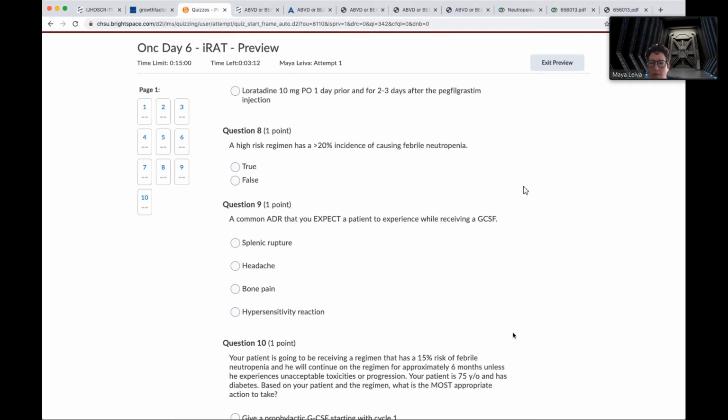So when I categorize a regimen based on risk, and this is going to come in really handy when you do the application, while it's important to know how often neutropenia itself without a fever occurs in a regimen, the number that we actually pay attention to is the percentage of patients who experienced febrile neutropenia.